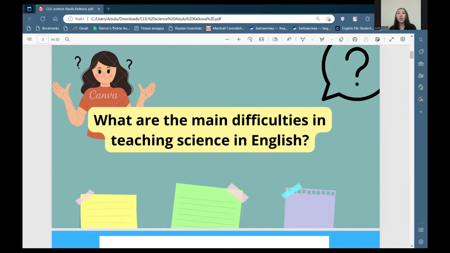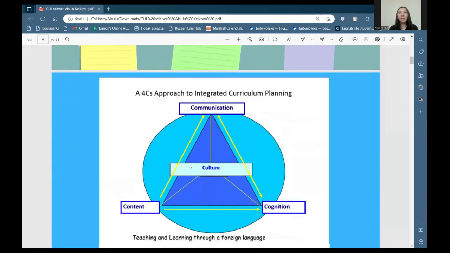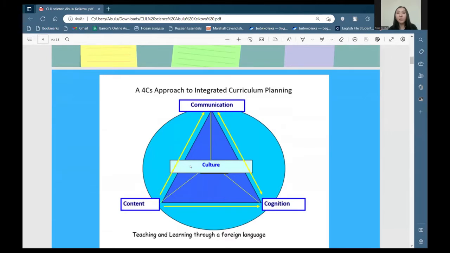Most of us agree that terminology and vocabulary is one of the difficult parts of teaching science in English. So these are the main principles of CLIL. Right, it is difficult science for first graders.